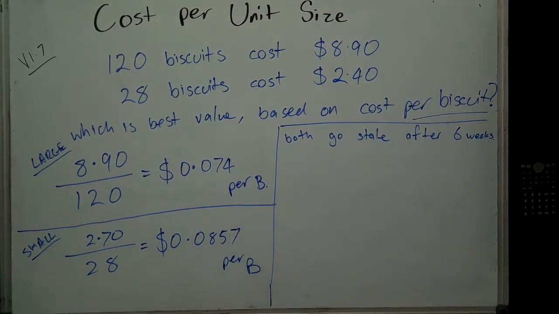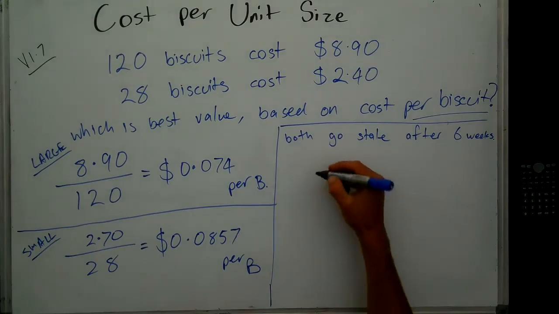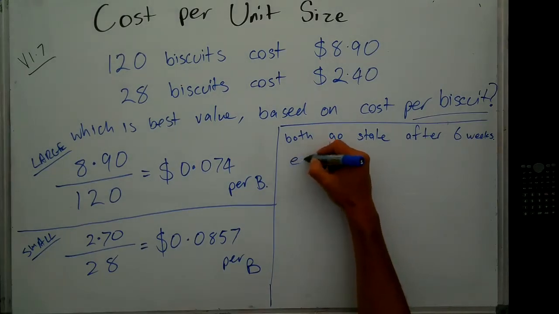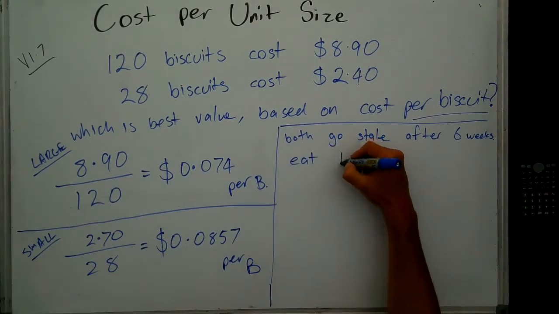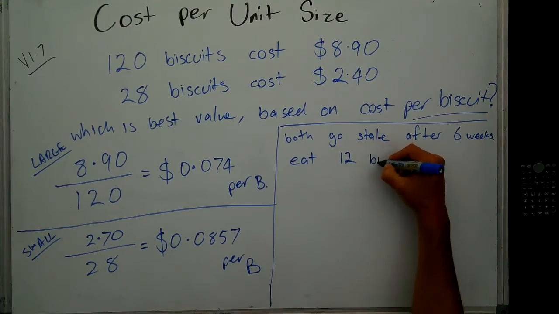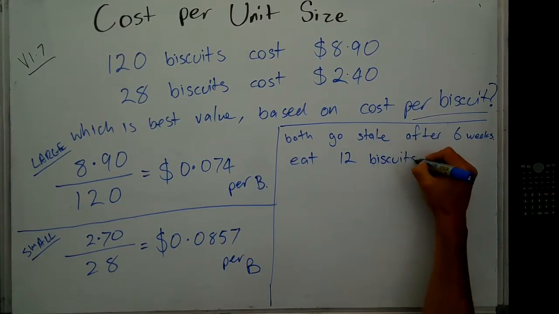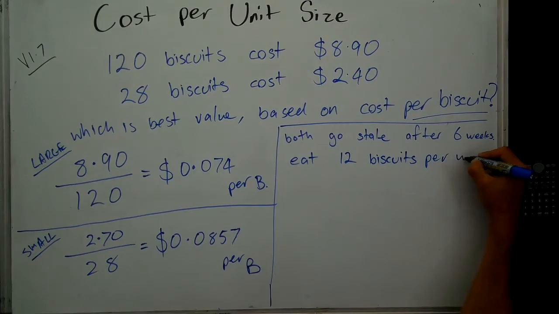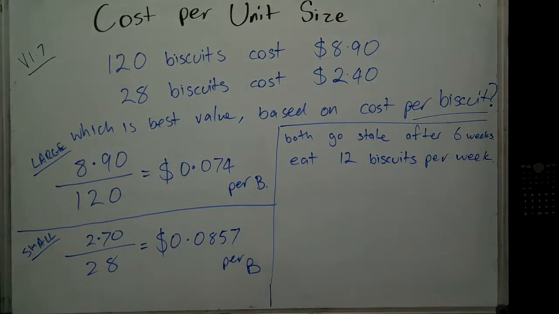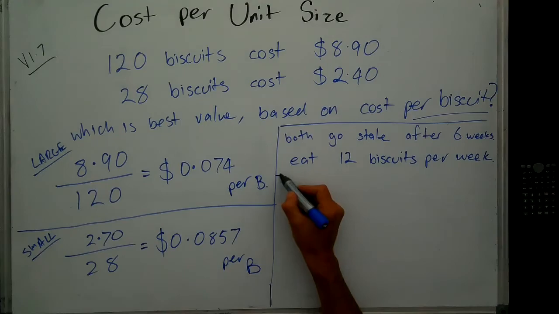And you estimate that you will eat 12 biscuits per week. So now, based on the shelf life, which is the best value for money now?